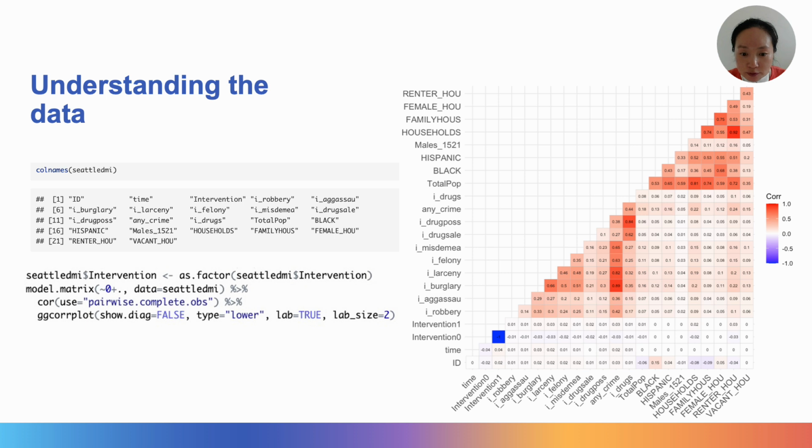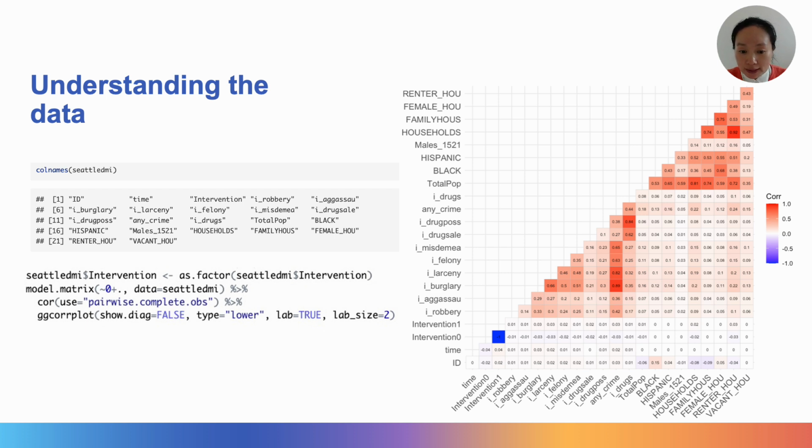As a first step to understand the data, we can print out all the column names of this dataset contained within this R package. You can use colnames of seattledmi to read out all the column names. We can see this dataset has 22 columns in total.